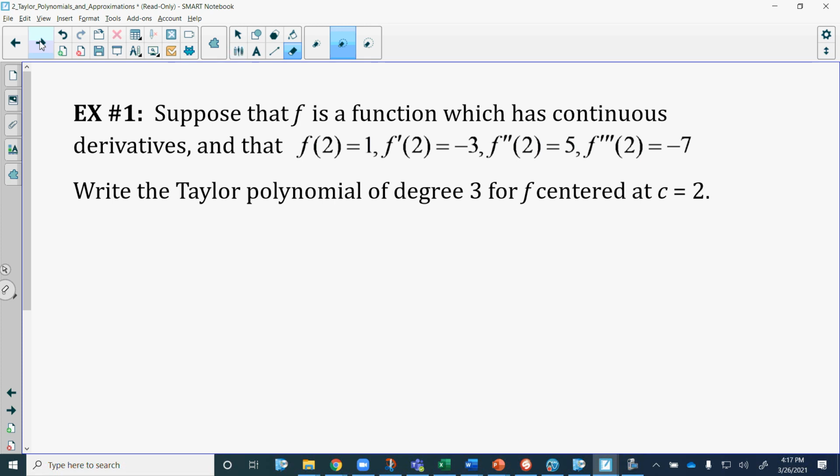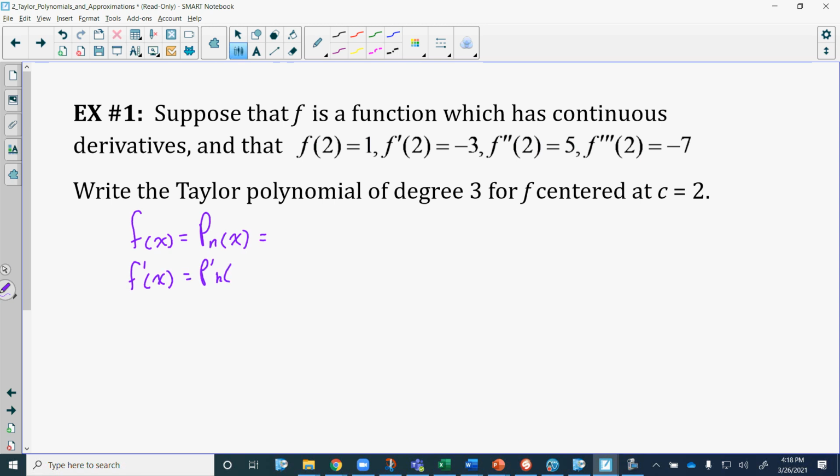So the idea of the Taylor polynomial, one of the things that makes it work, is that whatever the function is, the Taylor polynomial is going to be equal to that function at particular values, meaning that the first derivative of f would be equal to the first derivative of the Taylor polynomial.